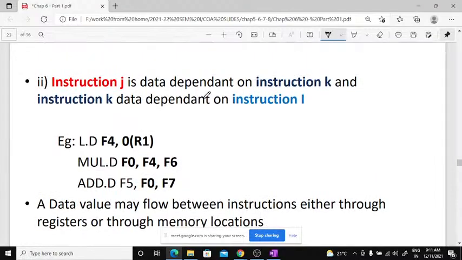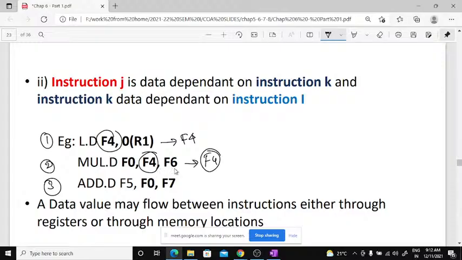Likewise, here you can see the first instruction, second instruction, third instruction. Here also, F4 is a register. The multiplication instruction requires the F4 value.